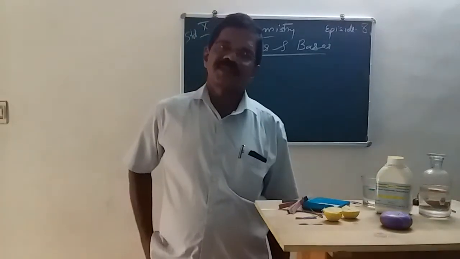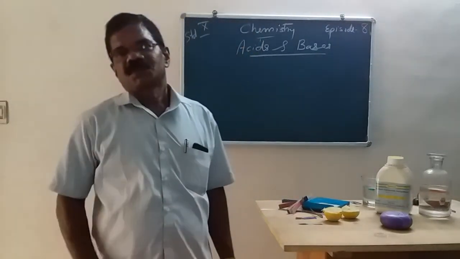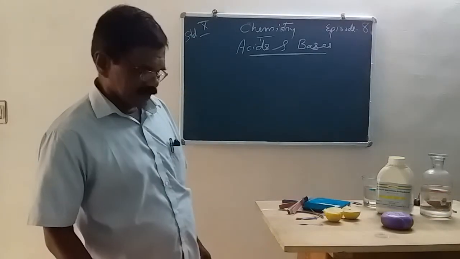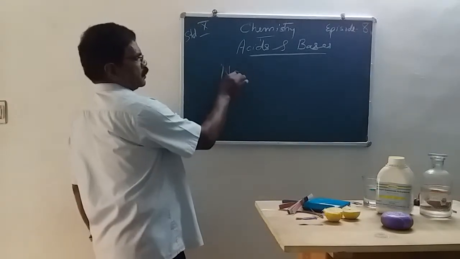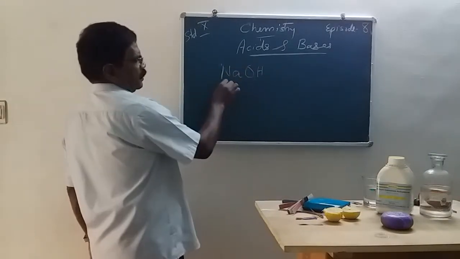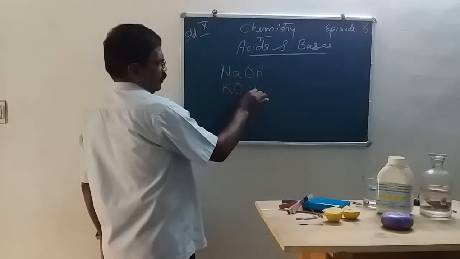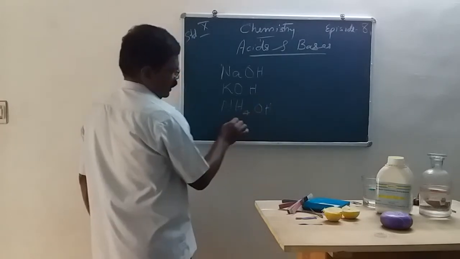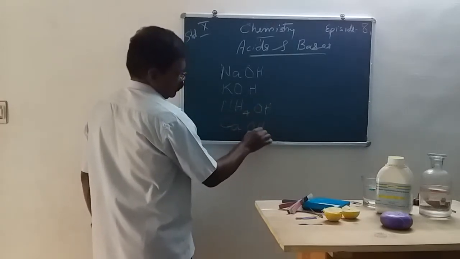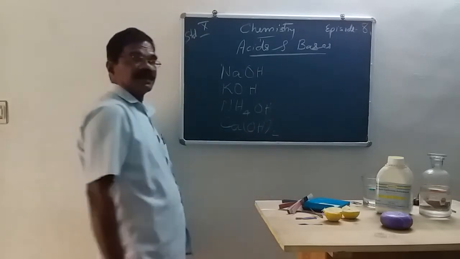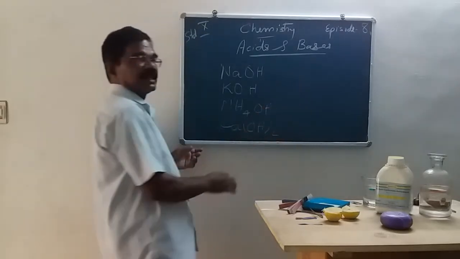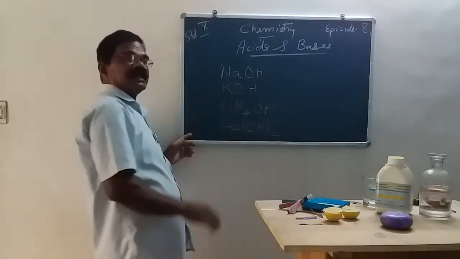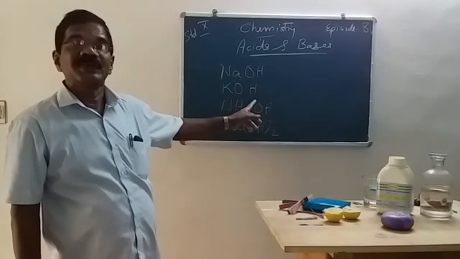Those substances which produce hydroxide ions are called bases: sodium hydroxide NaOH, potassium hydroxide KOH, ammonium hydroxide NH4OH, calcium hydroxide Ca(OH)2, magnesium hydroxide. These are all bases. But those bases which dissolve in water are called alkalis.